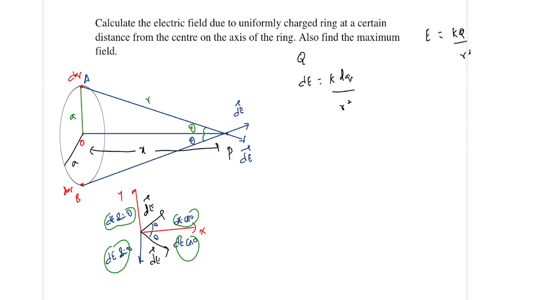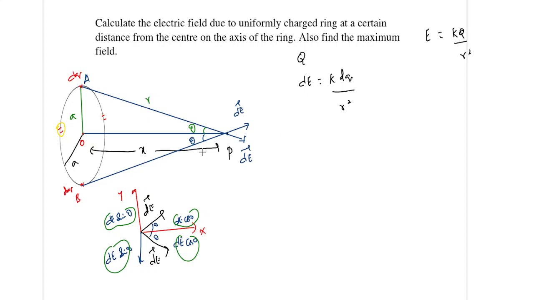But a ring contains many such elements. For example, if we take one element here, there would be an element opposite to it, such that even these two elements would create a field, and for those two elements also only the cos component would add up, and the field because of these two elements would be the same in magnitude as this value, but in a different direction.